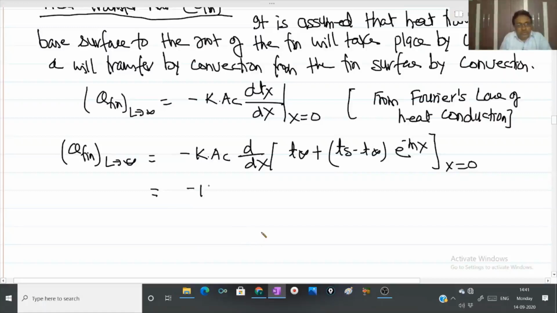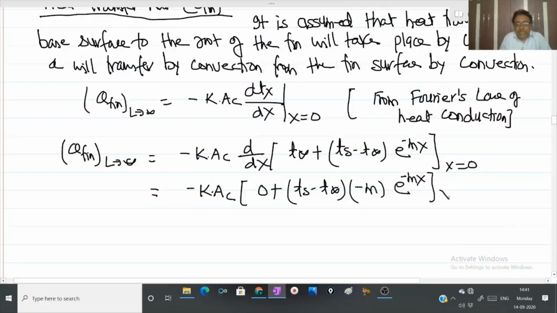So differentiation of this Tx will give me 0 plus Ts minus T infinity, as it is constant. Differentiation of e to power minus mx will give minus m into e to power minus mx at x equal to 0. Let us take out this minus m outside.